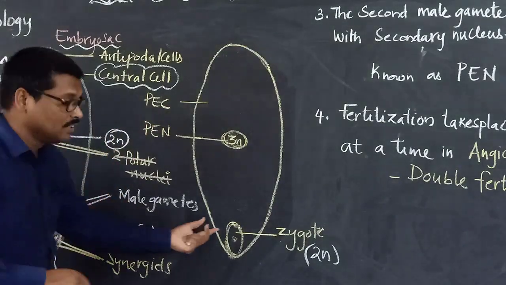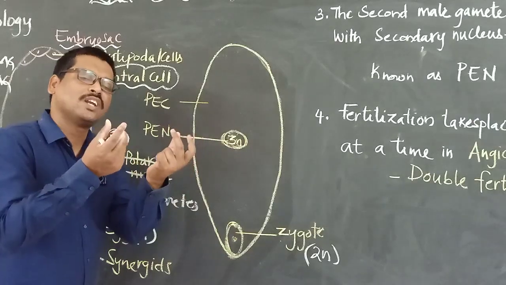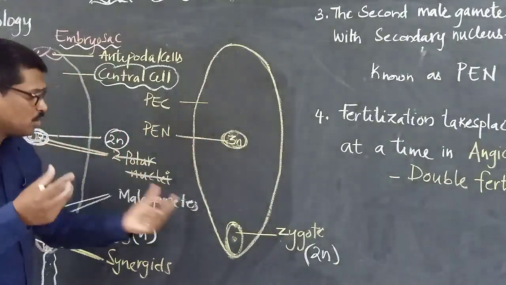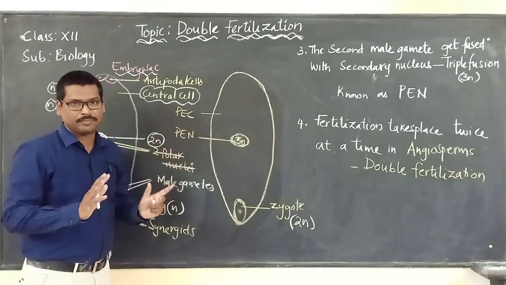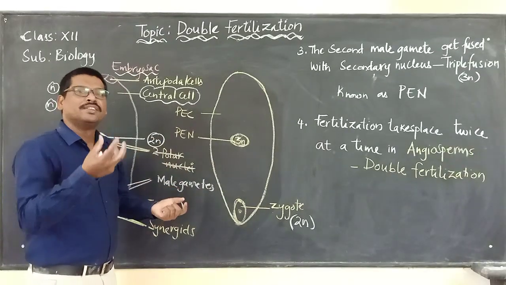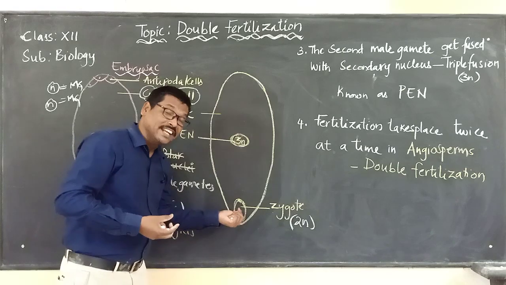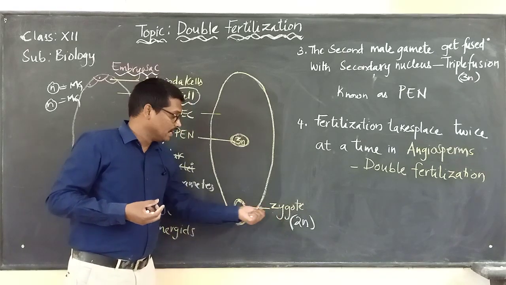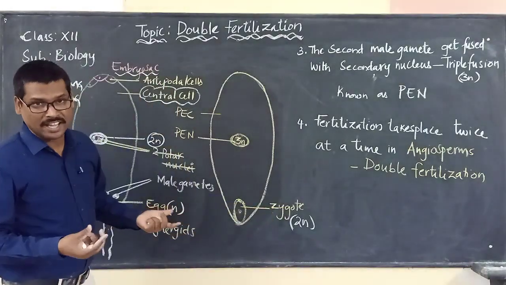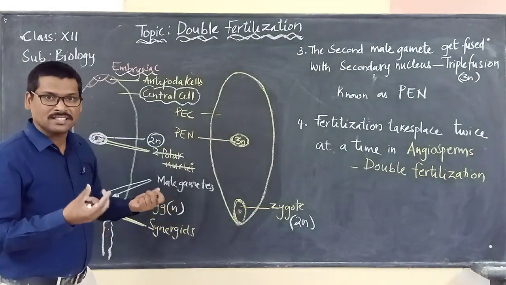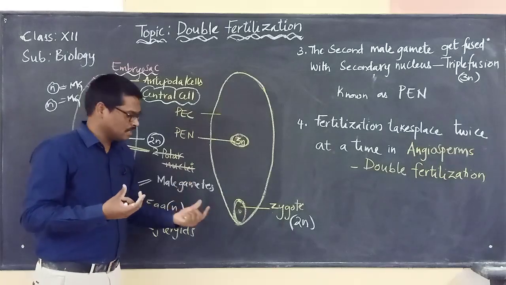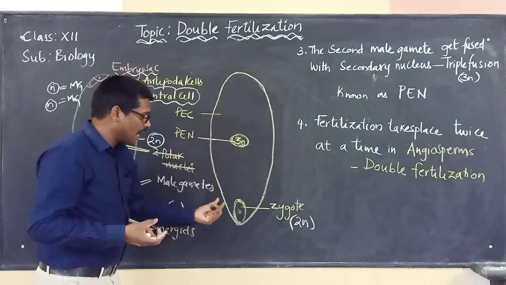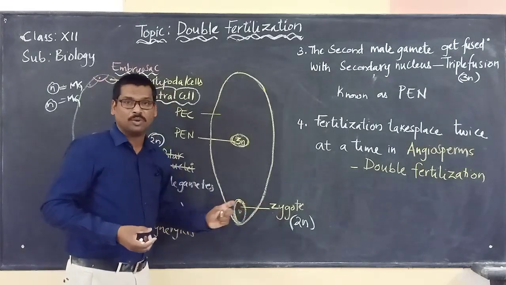After fertilization, the two synergids slowly degenerate completely. Degenerating means they are used as nourishment by the developing zygote. We call them nurse cells or helper cells.